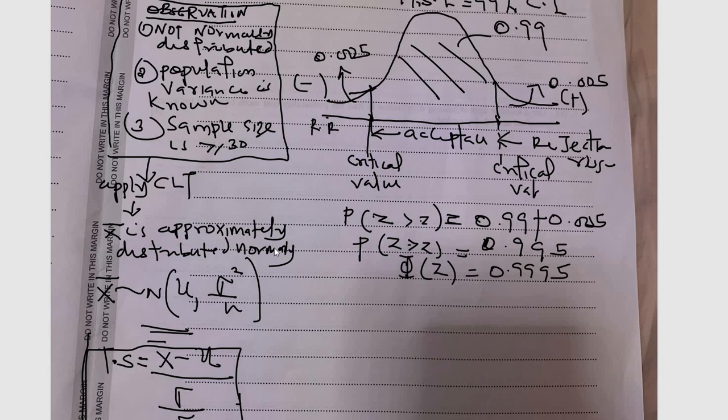So phi of z equals 0.995. When you check your table, MF19, it's given there under the normal distribution function. Down there you see the critical values for the normal distribution, the small table. Phi of 0.995 is given as 2.576.